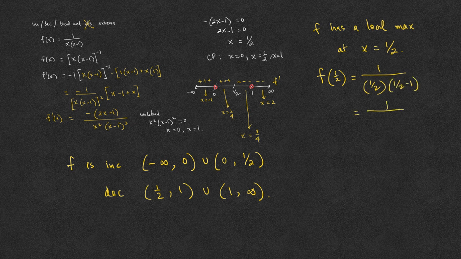This is 1 over (1/2 times negative 1/2), which is 1 over negative 1/4, which is the reciprocal of negative 1/4, or simply negative 4. This is a local maximum value.